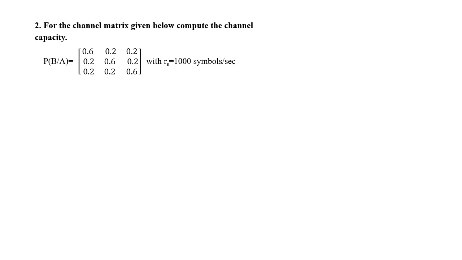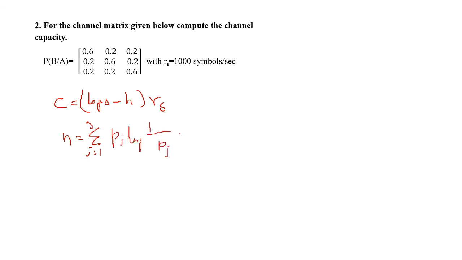So we can write channel capacity C as log S minus H into Rs here, because Rs is not 1 symbol per second, and H is given as summation j varying from 1 to S, Pj into log 1 by Pj. So Pj's are nothing but the elements of the same first row, which is going to repeat.